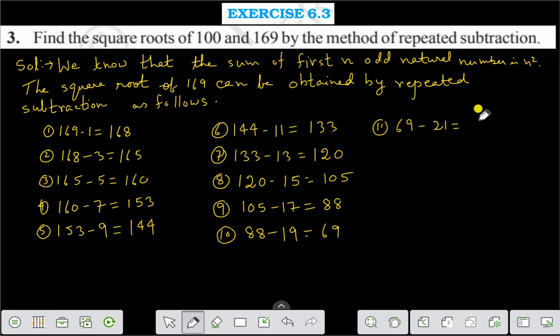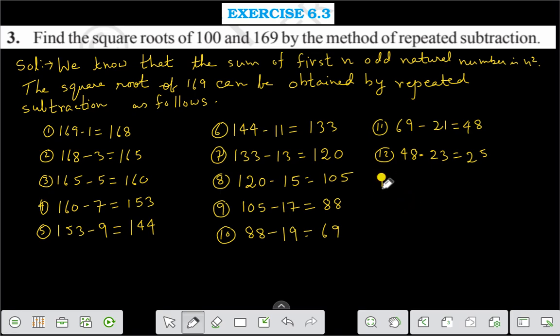That is, you are getting 48. The 12th step is 48 minus 23, that is 25.